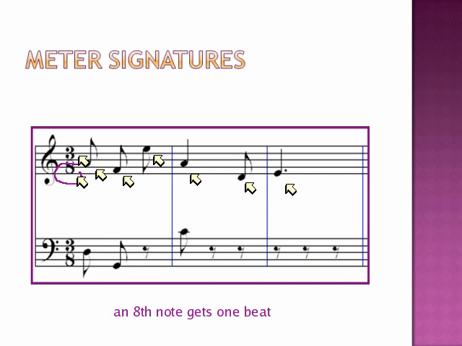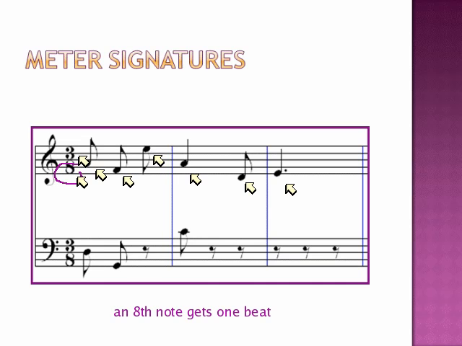Here is another equivalent. This is a dotted quarter note in 3/8 time. How many 8th notes are inside of a quarter note? There are 2 8th notes inside of a quarter note. It takes 2 8th notes to make a quarter note.